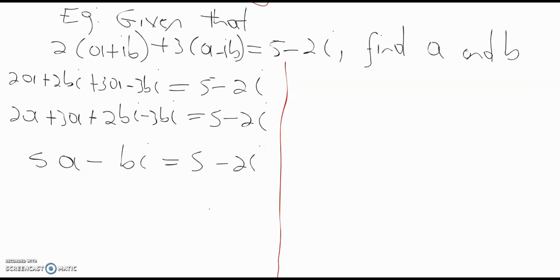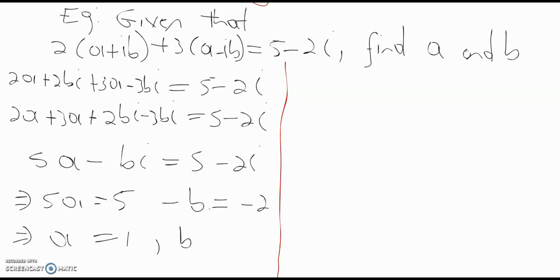So this implies that 5a is equal to the real part on the right, which is 5, and the imaginary part on the left is minus b, and the imaginary part on the right is minus 2. So this implies that a is equal to 1 and b is equal to 2. This is probably the simplest you could get a question. As we go along, we might look at more difficult questions.